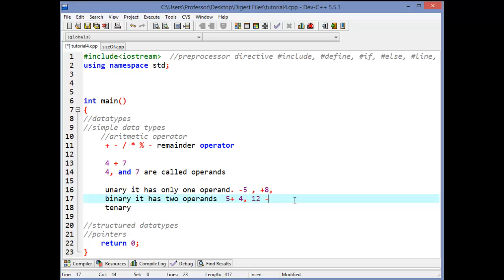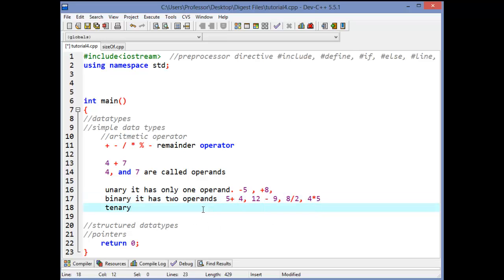Or 12 minus 9, or 8 divided by 2, or 4 times 5. See that each of them is having what? 2 operands. Each of them is having 2 operands. So we say that they are binary operators.